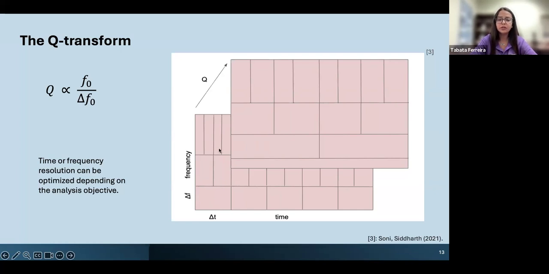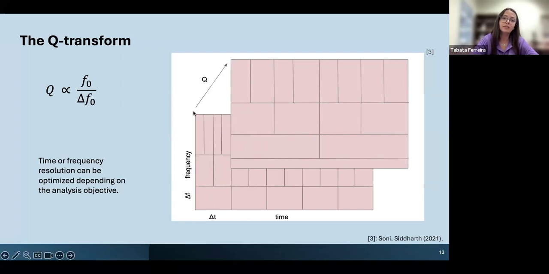When we apply the Q-transform, we can create a trade-off between either having good time resolution or good frequency resolution. Because these tiles here have the same area, but they don't need to have the same delta t and delta f. In other words, we can basically create spectrograms for different Qs, which will bring us more resolution in frequency or more resolution in time.